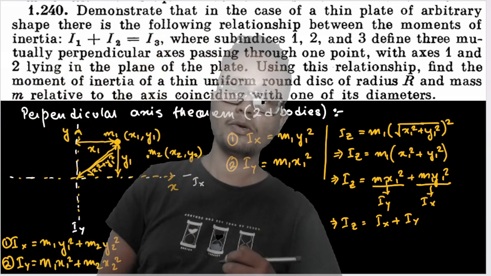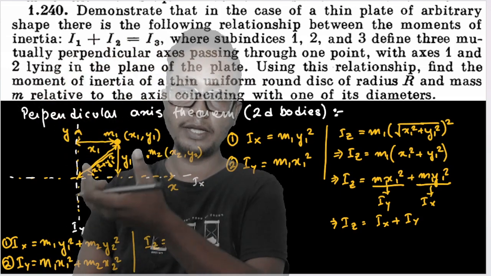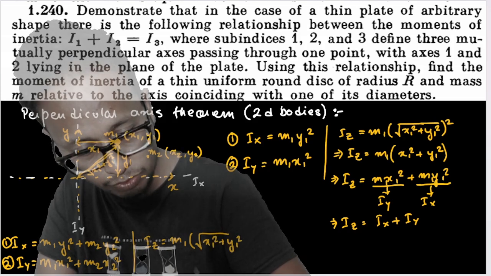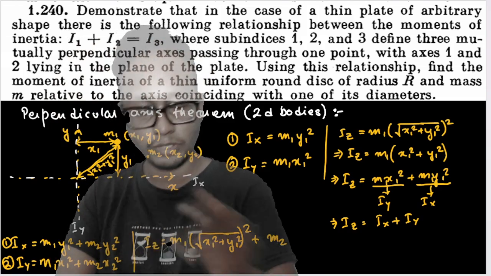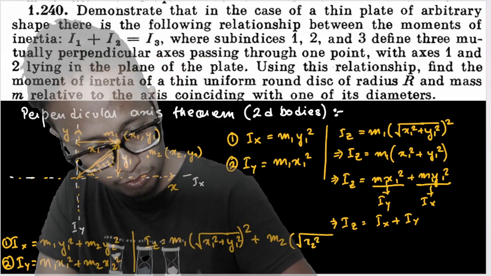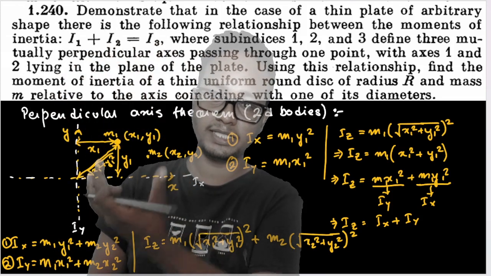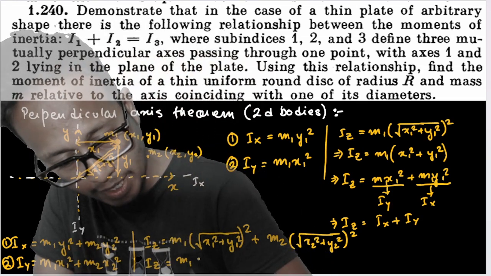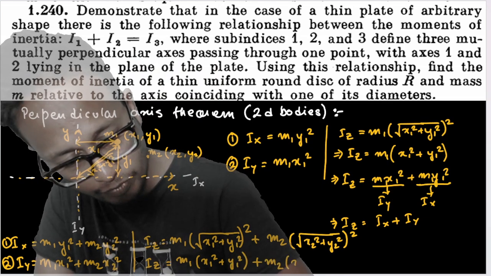Now similarly, what is the moment of inertia passing through the z-axis? Iz is nothing but m1 into this square, so m1 into under root of x1 square plus y1 square, whole square, plus m2 into this distance, which is also nothing but under root of x2 square plus y2 square, whole square. Why? Because I can apply Pythagoras theorem again. So Iz is nothing but m1 into x1 square plus y1 square plus m2 into x2 square plus y2 square.